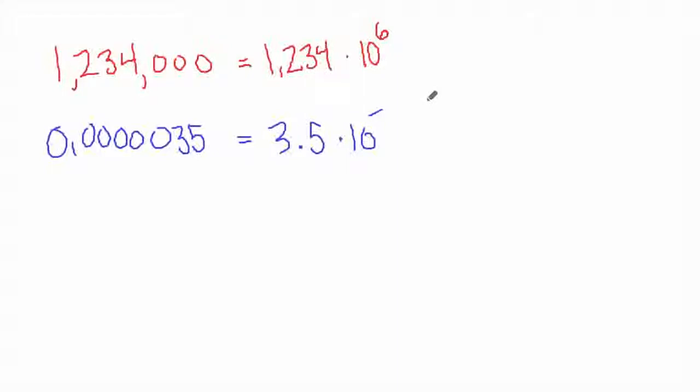The way we figure it out is a similar trick to what I talked about before: the number of hops to move the decimal around. We want to know how many hops there are between where the decimal is now and where it is at 3.5. So 1, 2, 3, 4, 5, 6. That means it's going to be 10 to the minus 6.